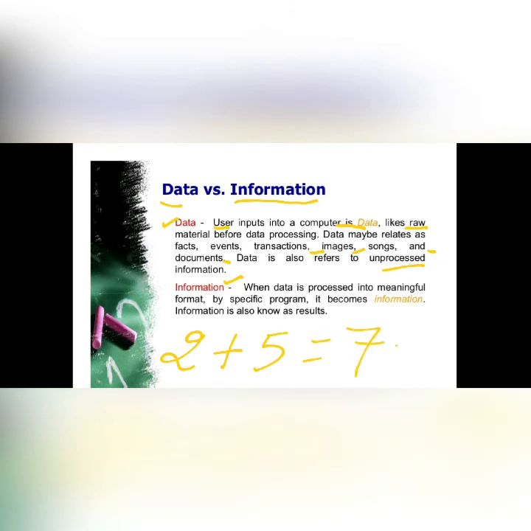Here 7 is information. So 7 is processed data. When data is processed into a meaningful format by a specific program, it becomes information. Information is also called results or output.